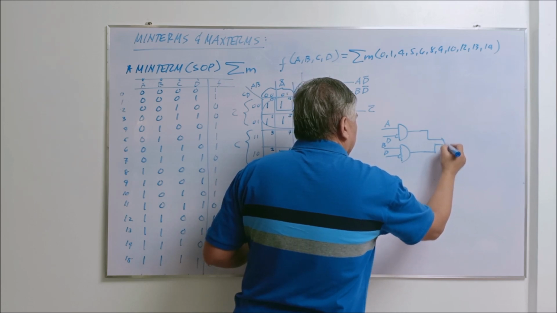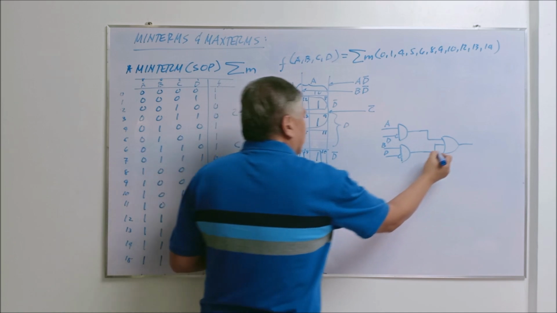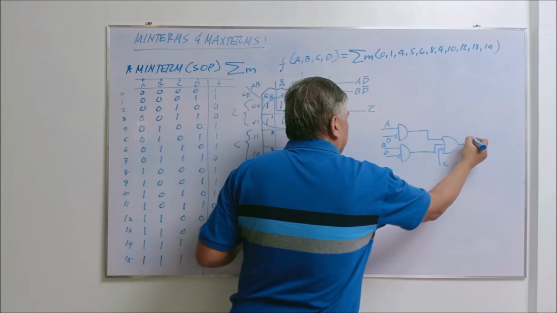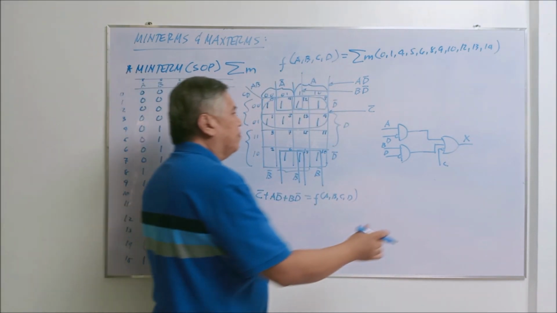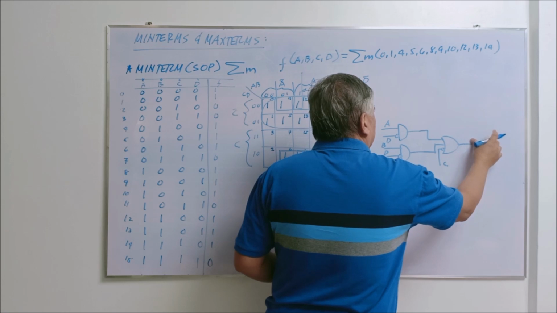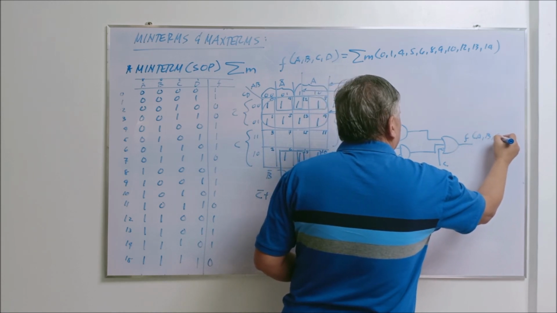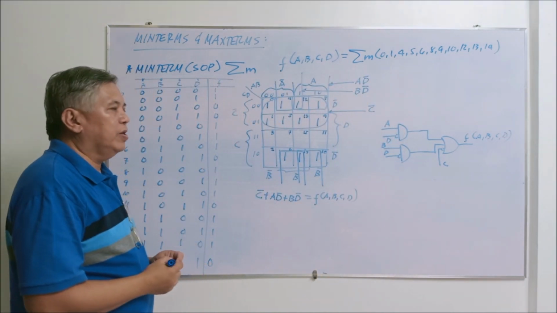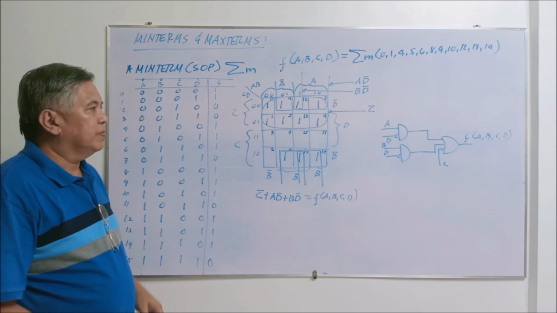So OR gate, then C complement. That is your X, or I mean F as a function of A, B, C, and D. Okay. That will be your simplified logical circuit.